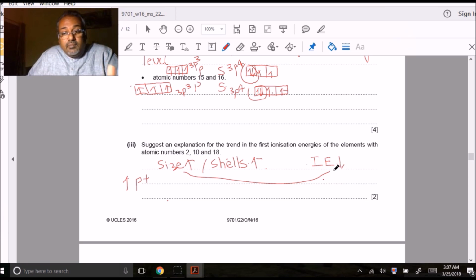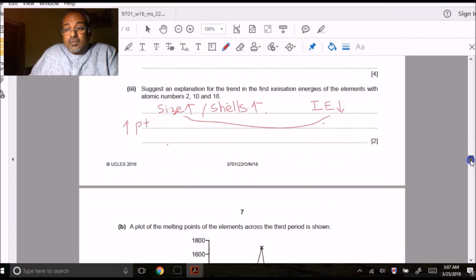So remember, the important things that you must mention here is, as we go down, the size increases, shells increase, subshells increase. That contributes to decreasing of the ionization energy. But the increase of nuclear attraction caused by the increase in protons is overcome by these two factors. So that's a good way to write.